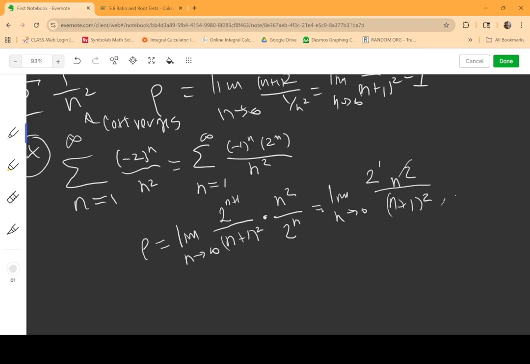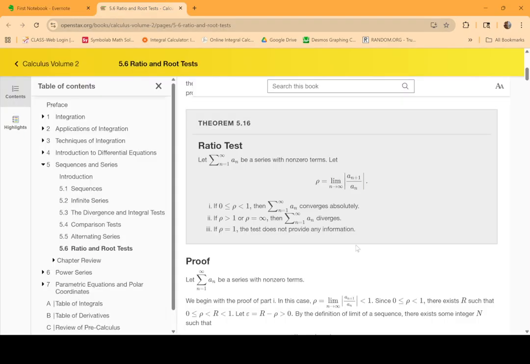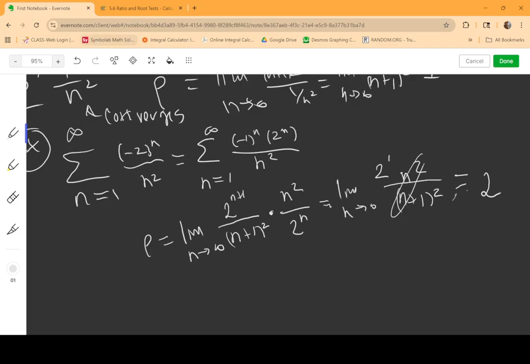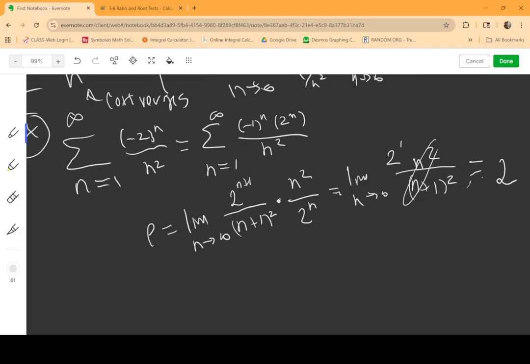As n goes to infinity, this term goes to 1, but we have a 2 here, so the overall limit converges to the value of 2. If we go to our test, we're in case 2. Rho is, in fact, bigger than 1, so that tells me that the series diverges. What we have here is a divergent series.